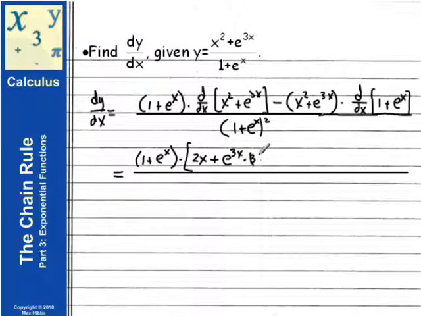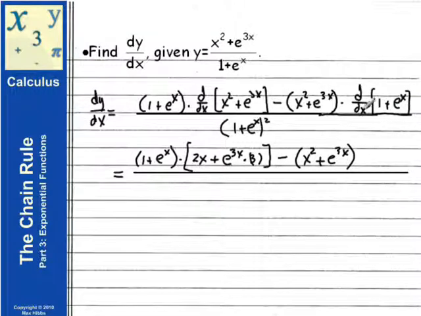So that's the derivative of that power. So this result, which we can clean up here in a moment, is the derivative of x squared plus e to the 3x. And then, of course, over here we have minus x squared plus e to the 3x times the derivative of 1 plus e to the x.